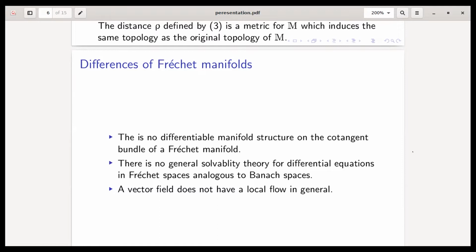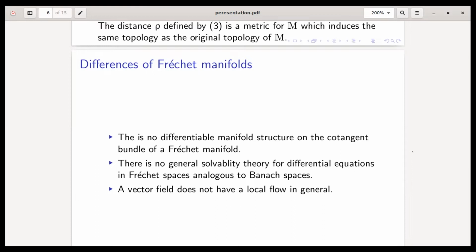But for a Frechet manifold, we can define the cotangent bundle as a set-theoretic bundle, but it does not admit a smooth manifold structure. So the concept of pseudo-gradient flow makes no sense. It also puts in question how to define the Palais-Smale condition, because the Palais-Smale condition needs a Finsler structure on the cotangent bundle, which, because of the topology, we cannot define.